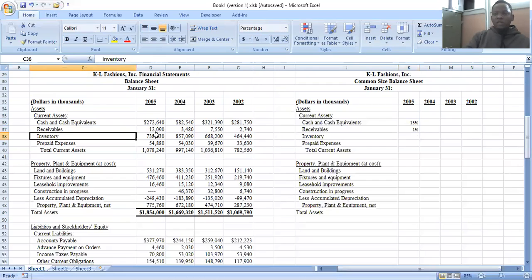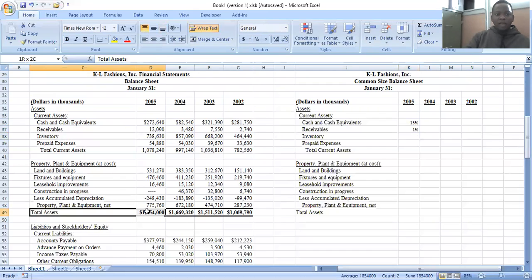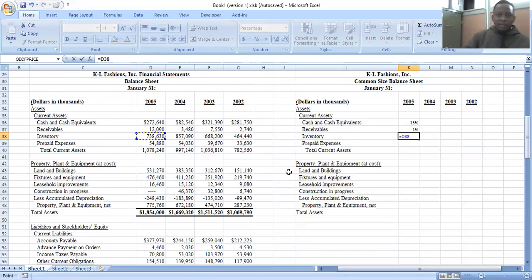Then for the inventory, the common size ratio is inventory divided by the total assets. That is 738,630 divided by the total assets, 1.8 million, which gives us 40%.